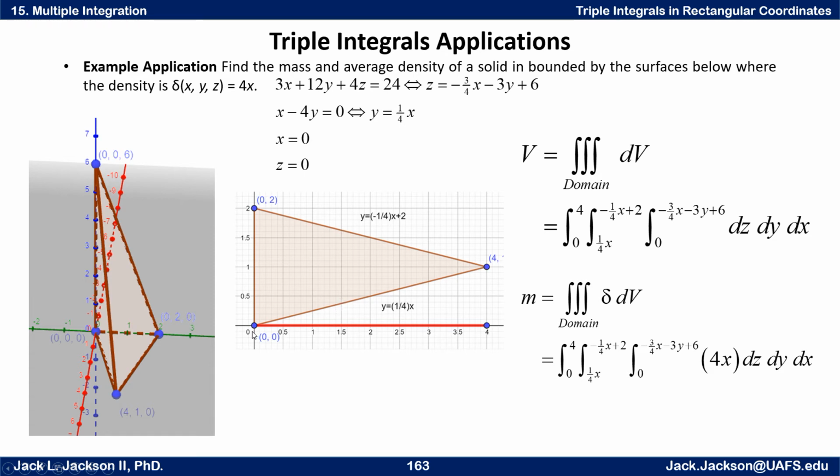And the lower y is always bounded by this curve, y equals 1/4 x. That's along this side here. What about this top one here? Well, the top one turns out to be negative 1/4 x plus 2. It's always going from this point here at 0, 2 to this point at 4, 1.